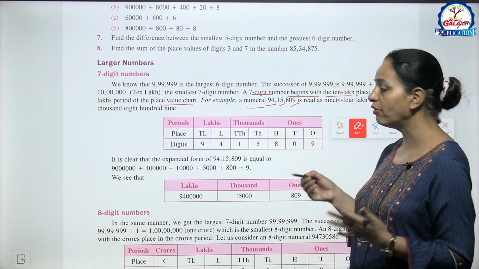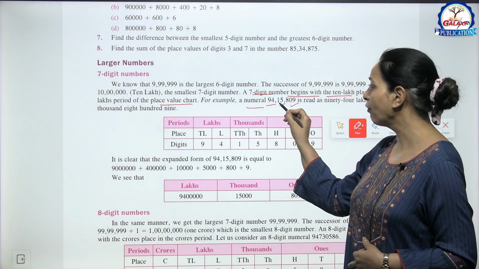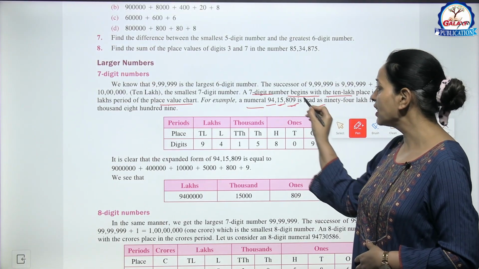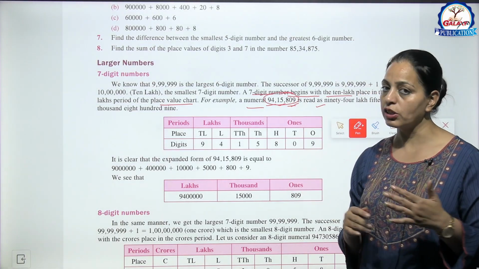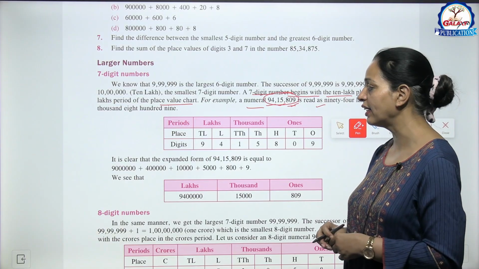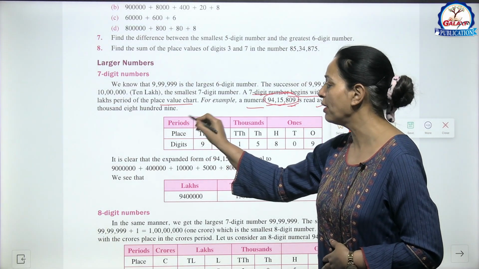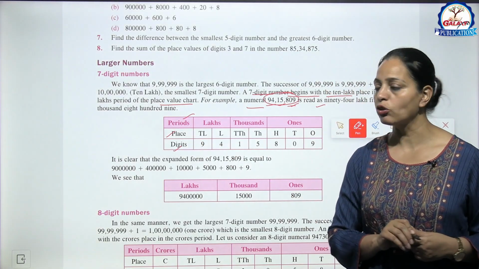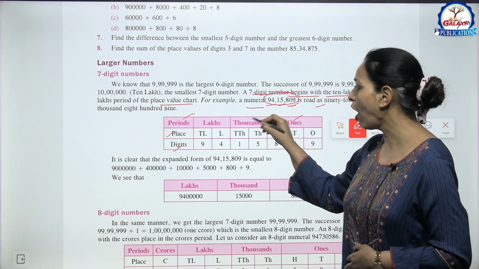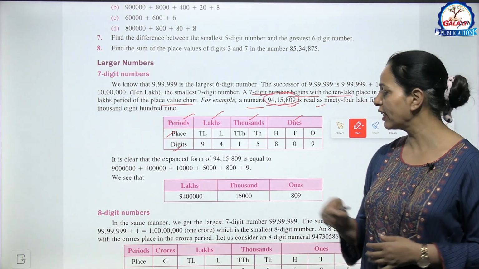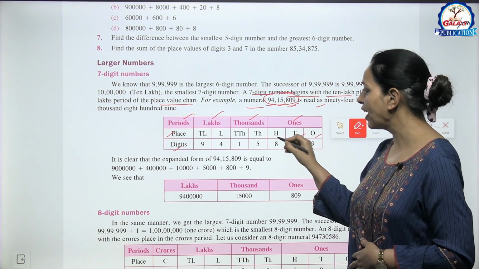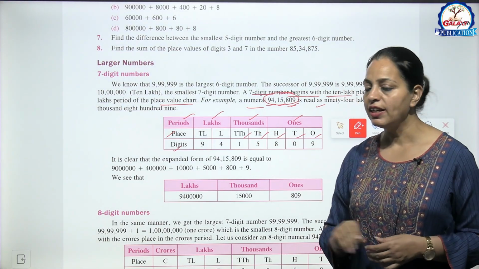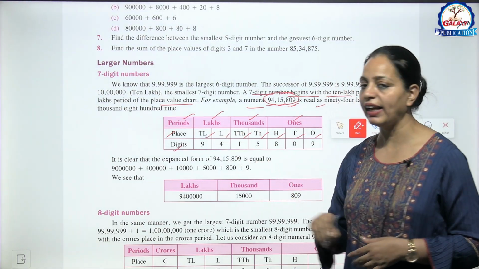So how can we read it? 94,15,809. So this is a 7-digit number and we will read it just like this. Now we can see periods here and then place and then digits. So periods: ones, 1000, lakhs. Within ones: ones, tens, 100 place value, then 1000, 10,000, then lakh and 10 lakh.